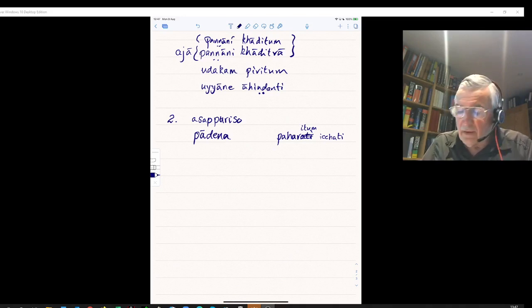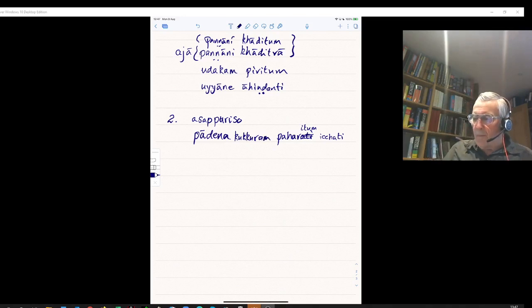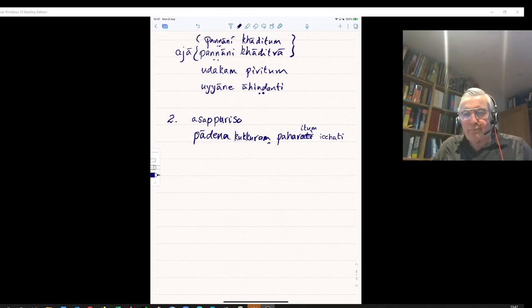So this in the accusative becomes kukuram. Kukuram. So asapuriso padeno kukuram paharitum ichhati. So I'll read it again as a full sentence. Asapuriso padena kukuram paharitum ichhati.